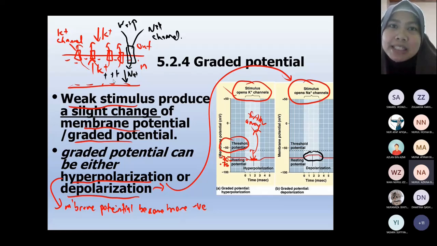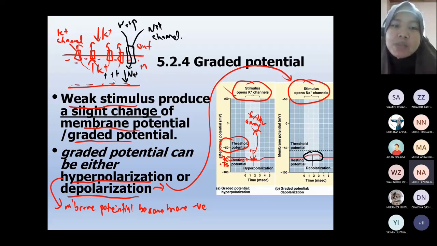So you are not going to produce an action potential, right? But the membrane potential does change, becoming less negative. But if the stimulus is strong enough and able to reach the threshold, then you are going to have the action potential.